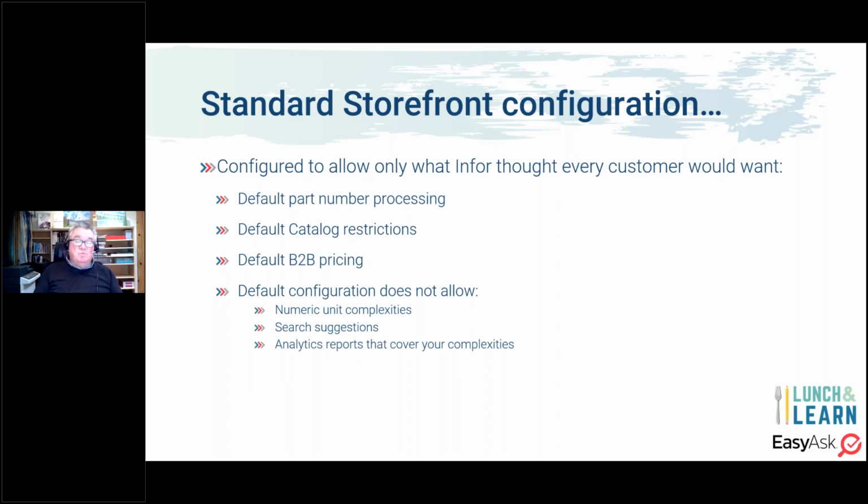And this is one of the problems that we see when we deal with storefront customers: you've got this really flexible engine that can handle all these different complexities, whether it's catalog restrictions, numeric units, pricing, but your default system doesn't handle it. And that's because it is a default system. It was created by Infor, and it was created so that it would match all the customers.